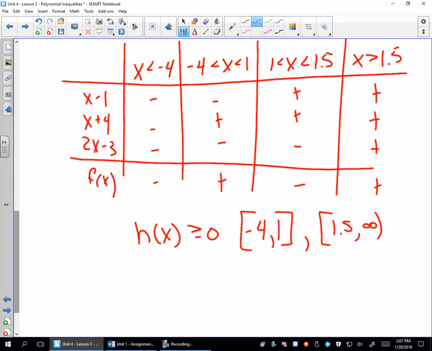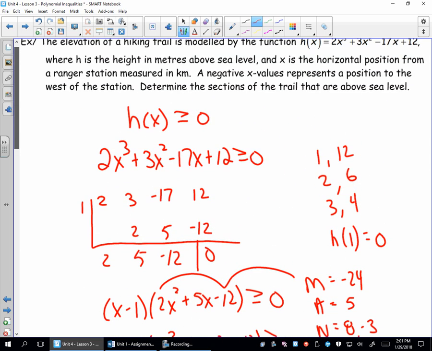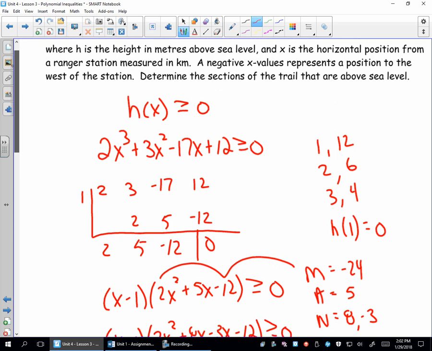Okay, so how do I answer this word problem? It said in our question that a negative represents the position to the west of the station, so positive would be the east.